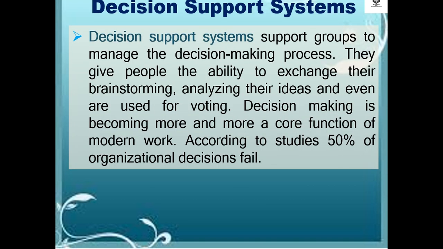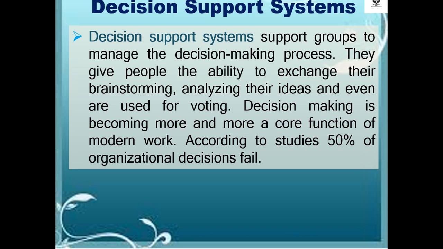Next, decision support systems. Decision support systems support groups in managing the decision-making process. They give people the ability to exchange brainstorming, analyze their ideas, and are even used for voting. Decision-making is becoming more and more a core function of modern work.